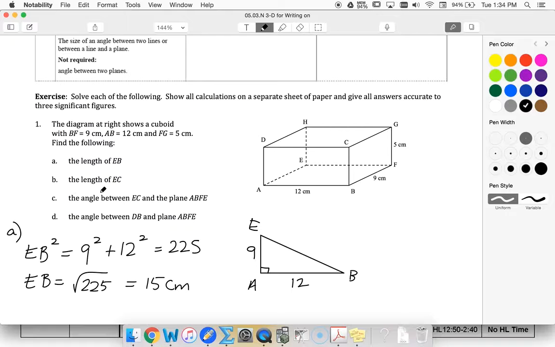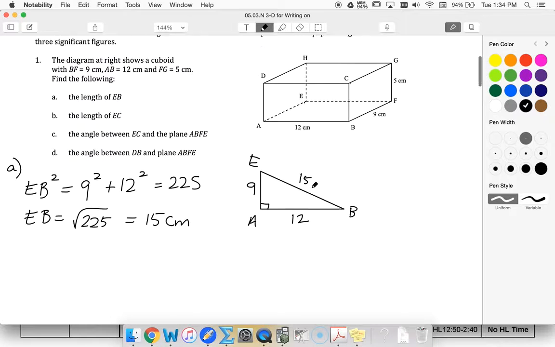All right, the length of EC, well, now here's EC from here to here. So that connects to B, which connects back to my E. So we just found EB is 15. This is a right triangle because it's a cuboid. So these faces are perpendicular to the face on the bottom.